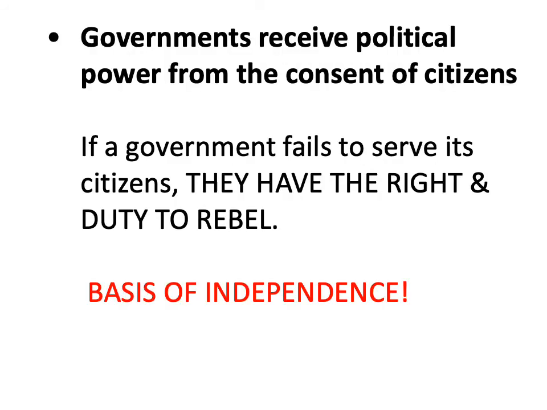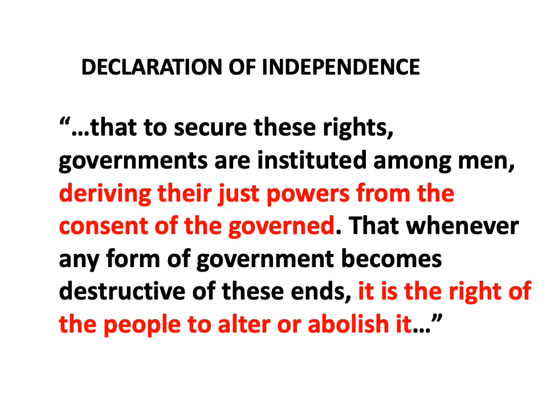And if the government failed to serve its citizens, then they, the citizens, have the right to rebel. And this, of course, is the basis for independence. And we can see it here. We saw this in the last class. The Declaration of Independence drew very, very heavily on John Locke's theory of social contract.